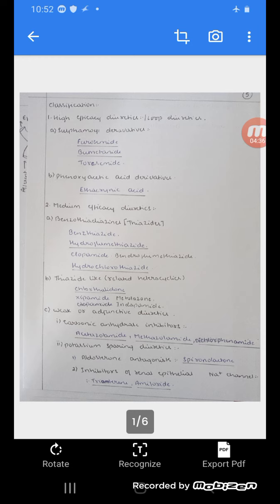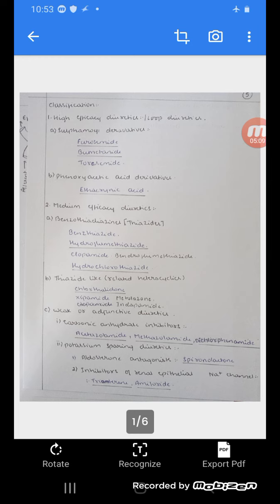Coming to the second part, medium efficacy diuretics are classified into three types. First, benzothiadiazines or thiazides. Examples are hydroflumethiazide, benzthiazide and hydrochlorothiazide.